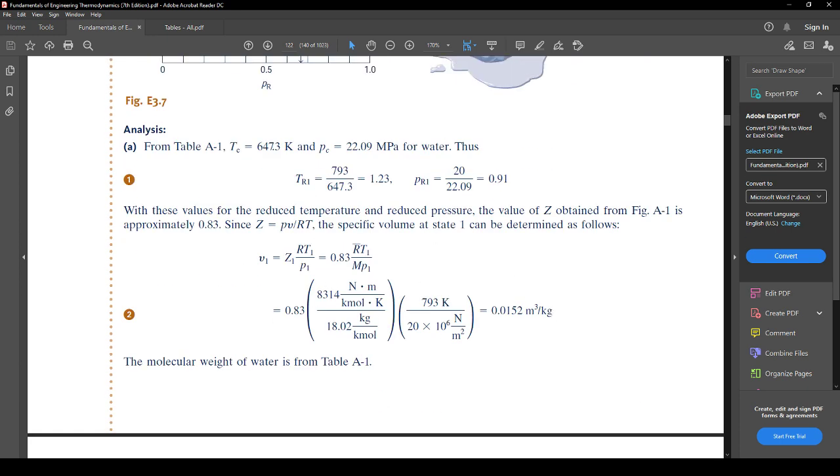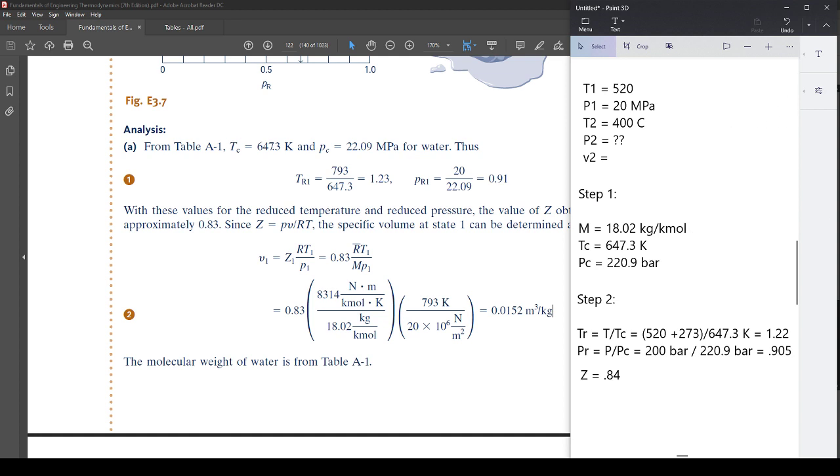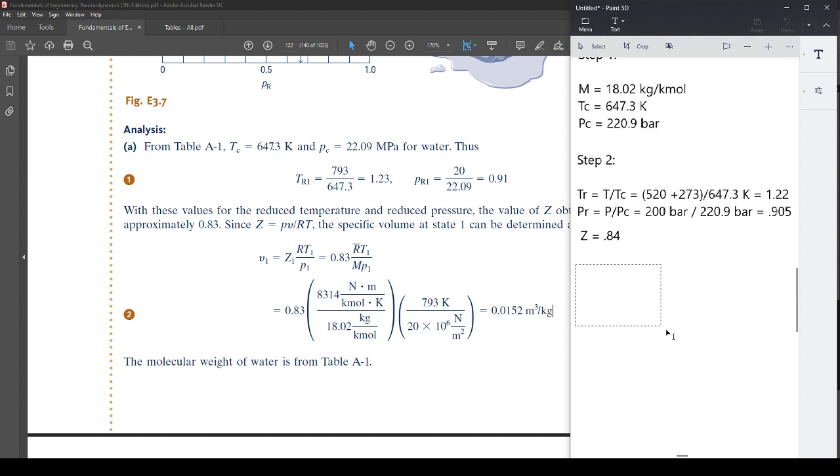So we finished the first part right here, which is, I'm going to go ahead and write that as step 3, and this is little v. So I'm going to write the real equation. So z is equal to pv over RT, right?